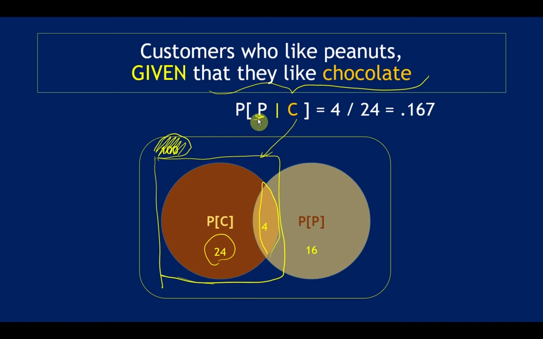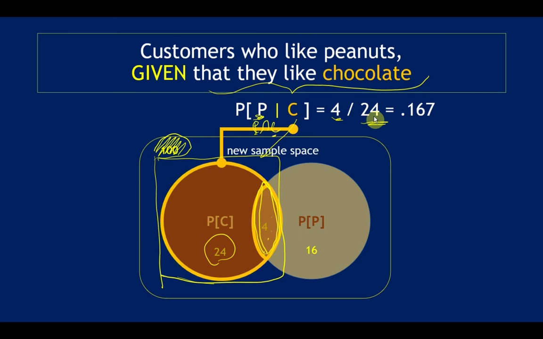So this is actually P and C, the intersection between the two. These 4 customers who like both peanuts and chocolate, we'll take this as the numerator and then divide it by the new sample space, which is 24, and that's how we get 0.167.